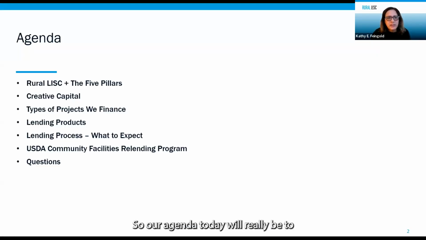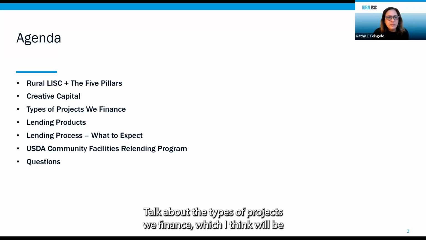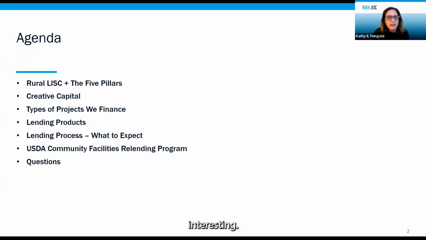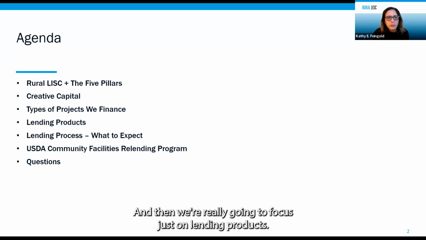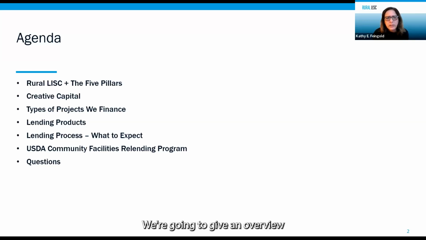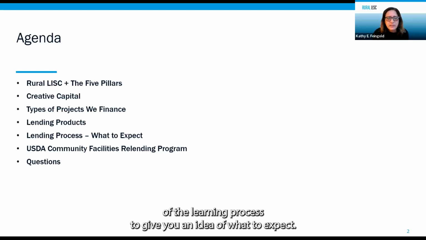So our agenda today will really be to just give a brief overview of Rural LISC, what we focus on, talk about creative capital, talk about the types of projects we finance, which I think will be interesting. And then we're really going to focus just on lending products. We're going to give an overview of the lending process to give you an idea of what to expect.